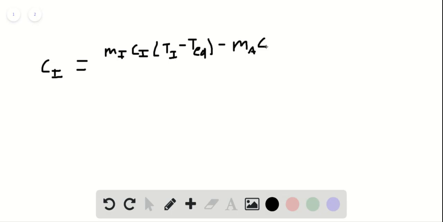We're going to have M sub A C sub A times the temperature gained by the aluminum, which is equilibrium temperature minus initial aluminum temperature.